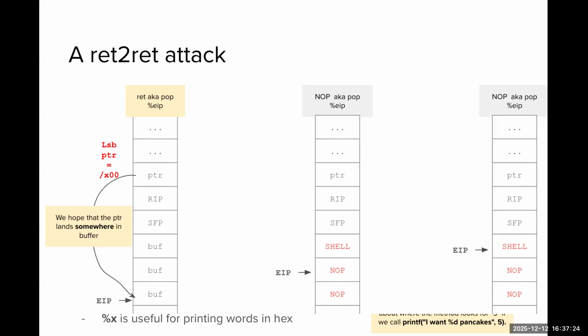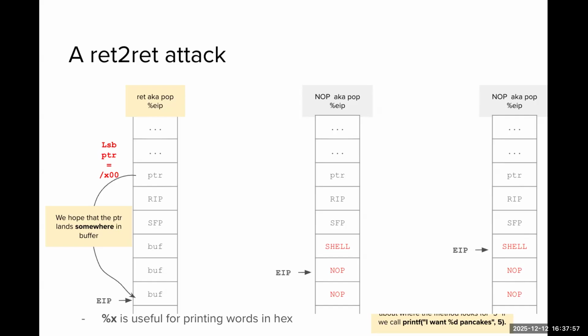In this case, we found a pointer that's pointing to somewhere relative to our stack, and we want to use this pointer to point back into our own stack frame. So we're going to overwrite the RIP with the address of a return. We're making a couple of assumptions here, one being that we know the address of a return. If we do know this, we can overwrite the RIP with the address of a return.